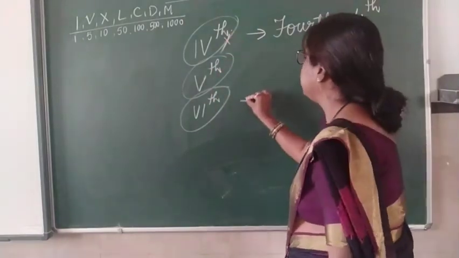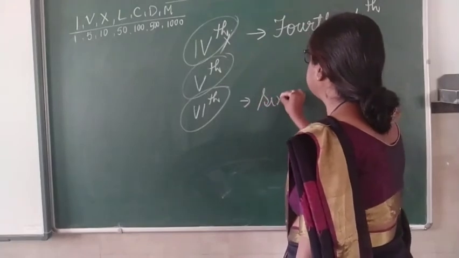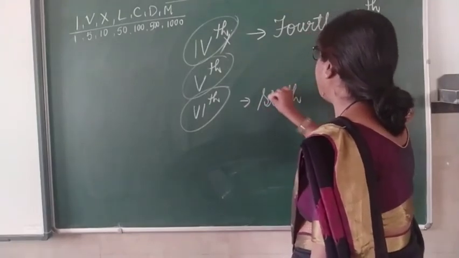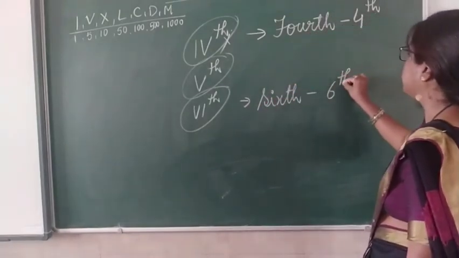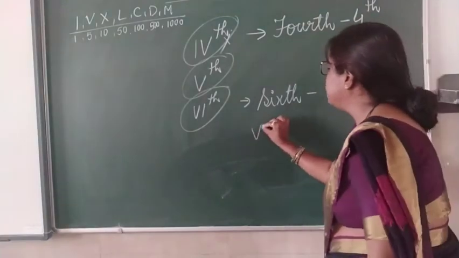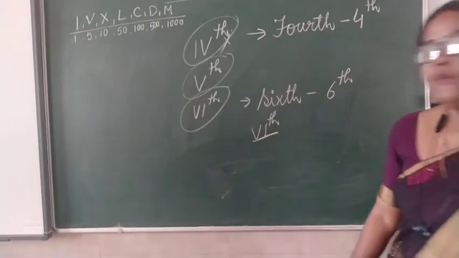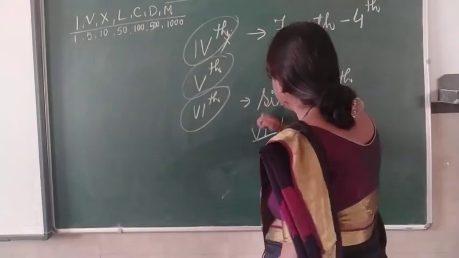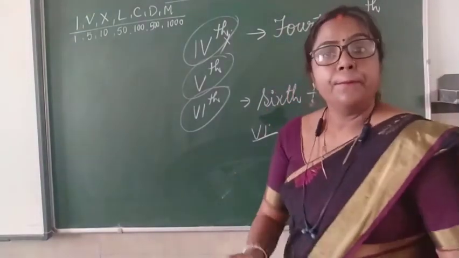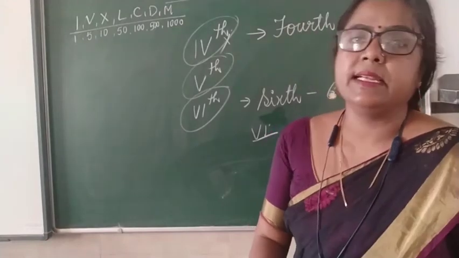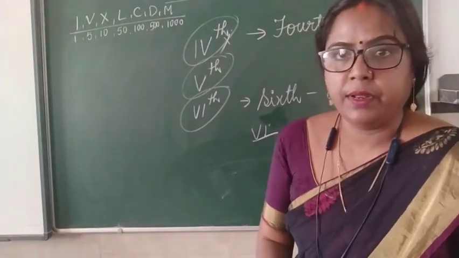If it is 6, we will write 6th, or we will write sixth. We should not write the Roman numeral and then put the th symbol on it. No. We can read it as sixth, but we will not write th above the Roman numeral.